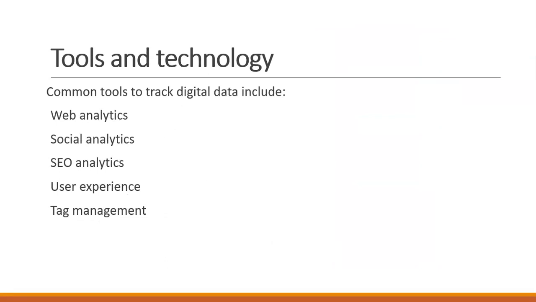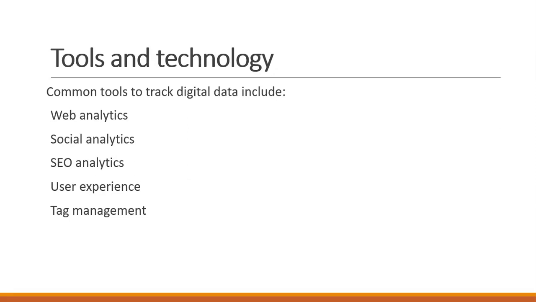The common tools to track our digital data include web analytics, so the analytics that we get from Google Analytics, which is a tag system, social media analytics, the analytics we get from the different social media platforms that we use, our SEO analytics, so our search engine optimization, where we come up in a search, what keywords are used to produce a search, what kind of pay-per-click that we get from searches, our user experience.